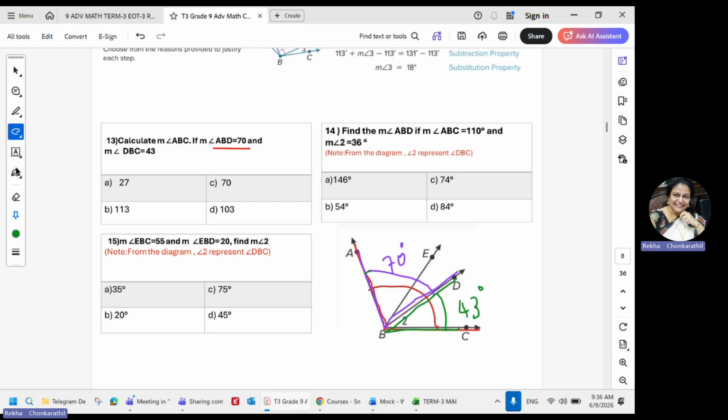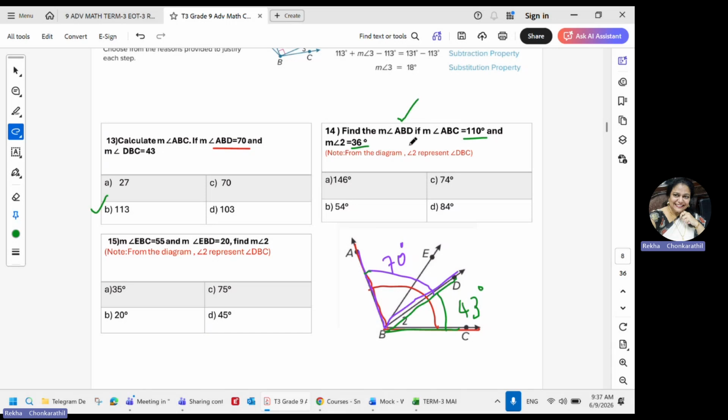Remember carefully when to add, when to subtract. When the bigger angle is asked, add. When the smaller part is asked, subtract. Here, because angle ABC is the bigger one, you have to add. Let's see question 14. The bigger angle is given to you and one of the smaller angles is given to you and the other smaller angle is asked.